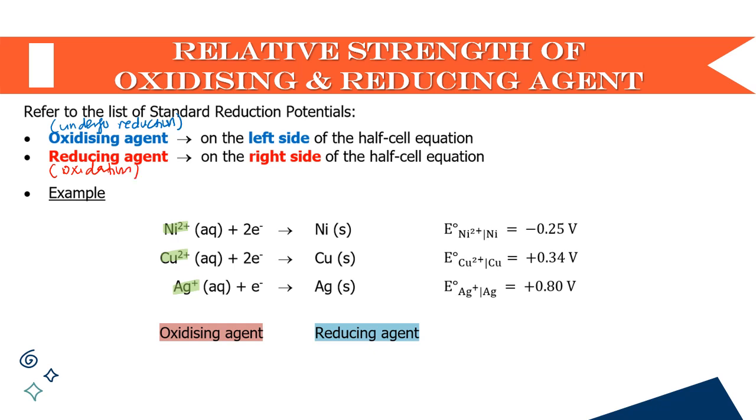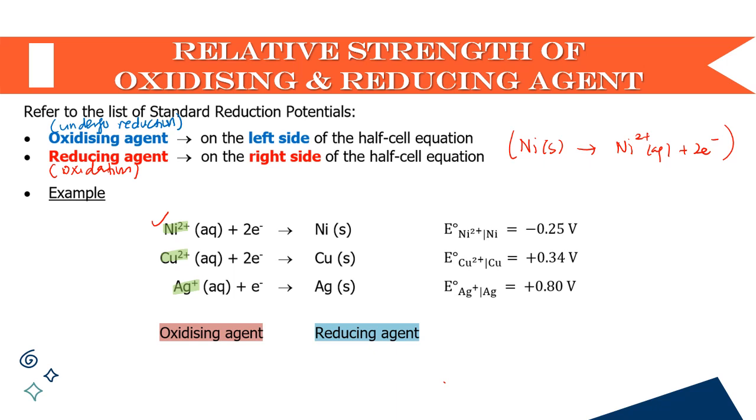So it's actually the reverse equation. Let's say I take nickel: nickel solid produces Ni2 plus aqueous plus 2 electrons. Like I mentioned before, the reducing agent will undergo the oxidation process itself. So from this equation, which species undergo oxidation?